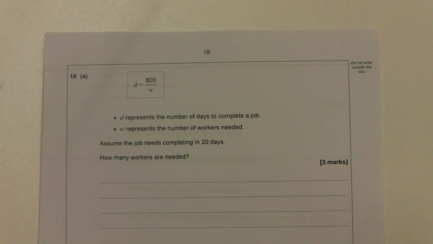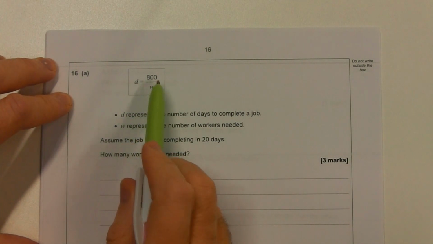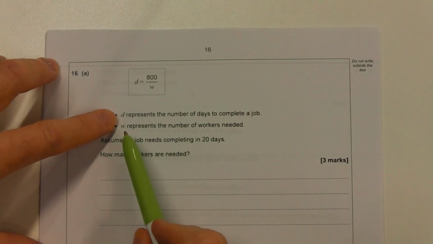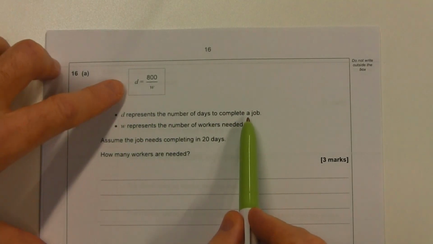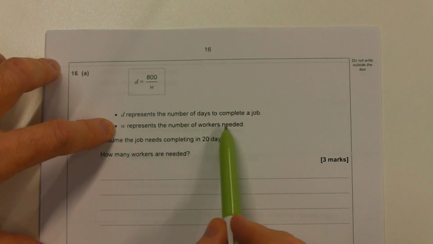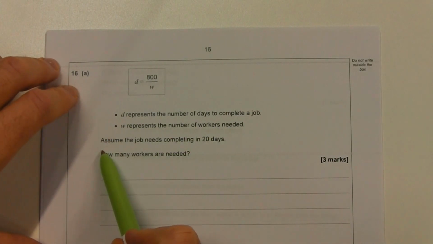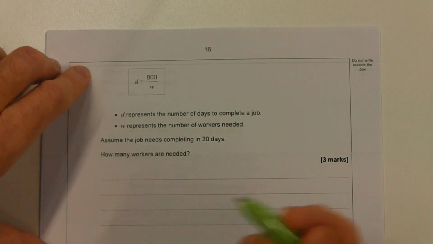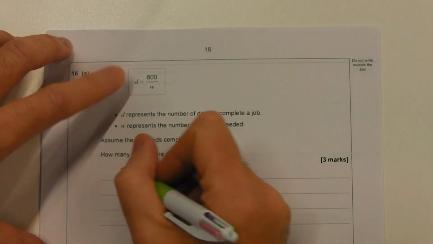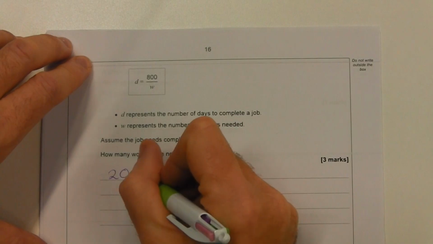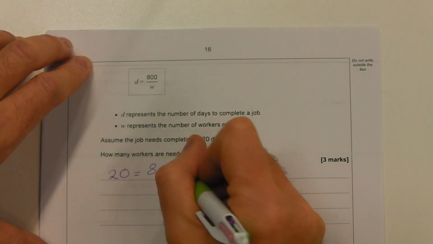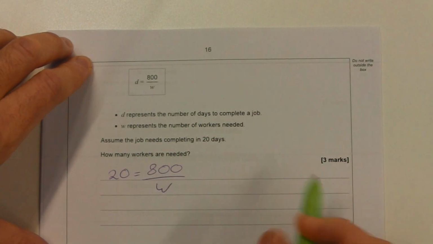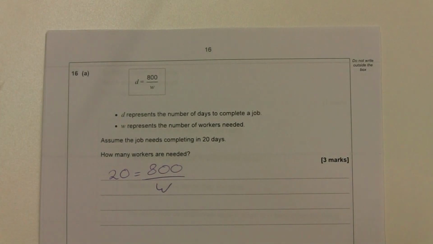Question 16. Here we've got given information, we've got D equals 800 divided by W. Now the D represents the number of days to complete a job and W represents the number of workers needed. And they're telling us to assume that the job needs completing in 20 days. So that means that the D is now 20. So 20 is equal to 800 divided by W, and we need to find out W. Okay.